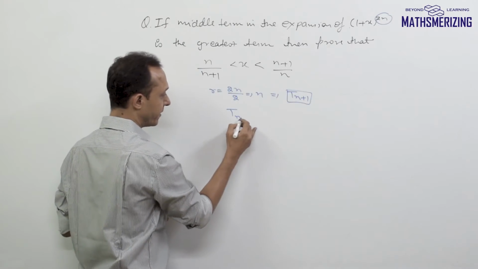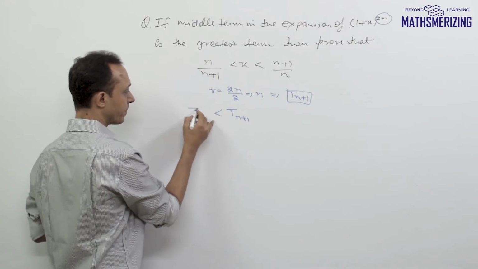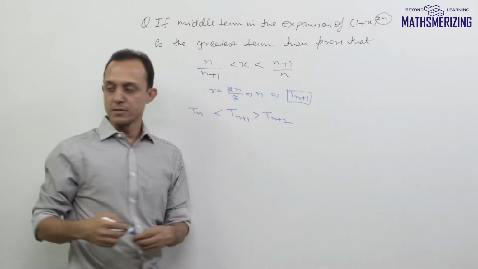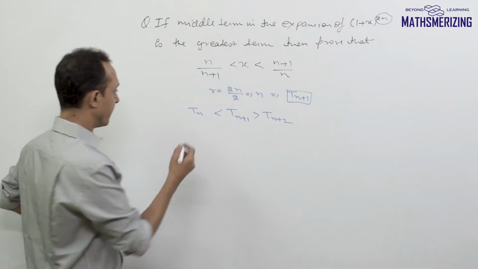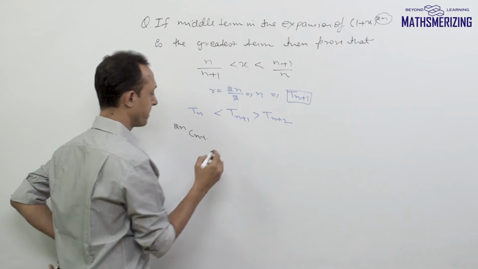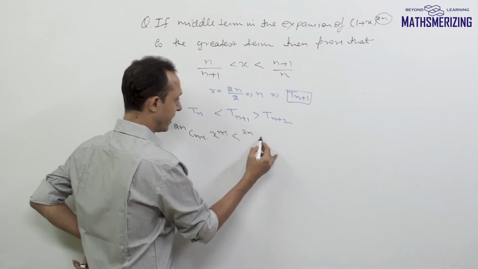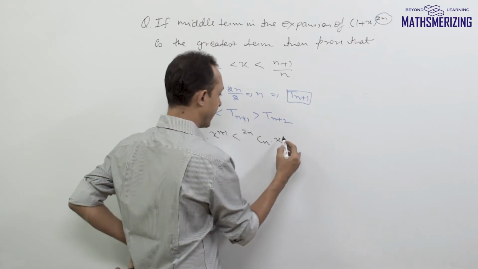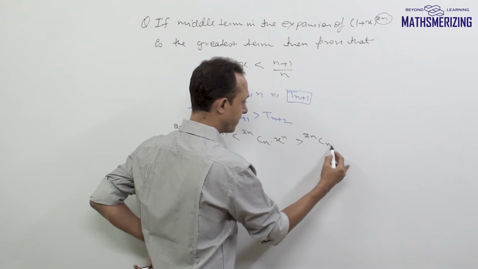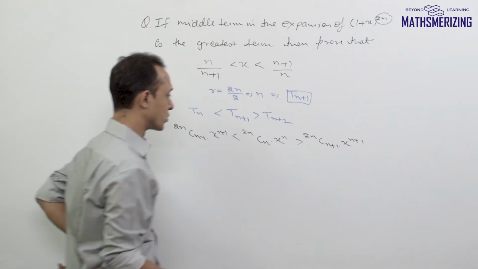And this term, if it is the numerically greatest term, then t(n plus 1) should be greater than t(n), and it should also be greater than t(n plus 2). Now if I write the t(n)th term, it will be 2nC(n minus 1) x to the power (n minus 1), and it should be less than 2nCn x to the power n, and it should be greater than 2nC(n plus 1) x to the power (n plus 1).